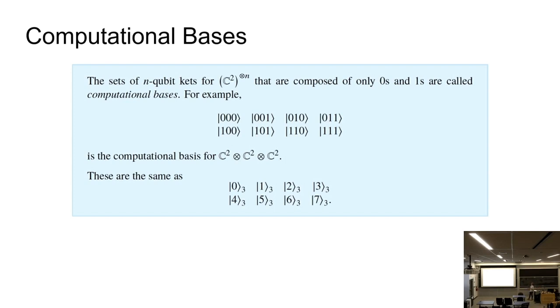So for our 3-qubit system, the computational bases are 0, 0, 0, 0, 0, 1, and all the permutations of zeros and ones in that 3-qubit system. But you can write that in the base 10 notation, where you're labeling each of these states with a number.